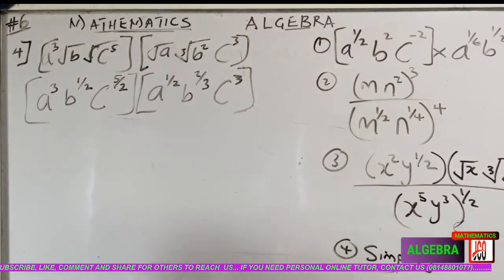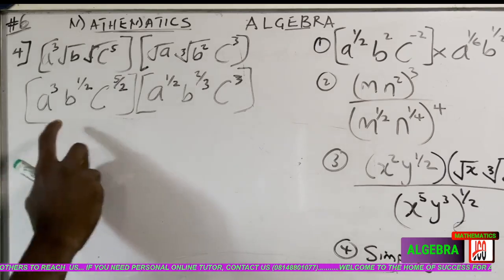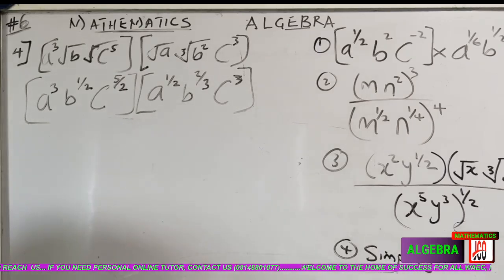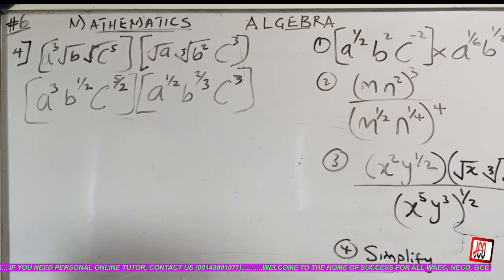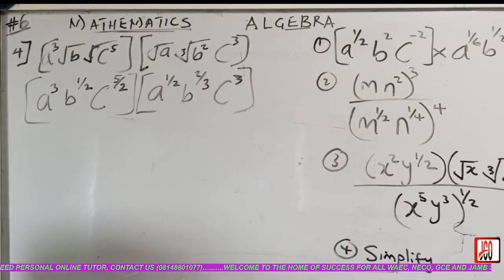Now, like we said, we want to multiply first, after which we can deal with substituting the values. So in multiplying first, A raised to power 3 multiply A raised to power half. We said when multiplying two same terms, you add their indices.